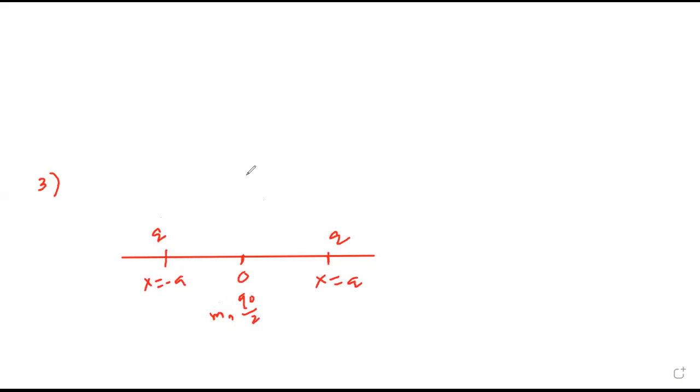Q naught is given a small displacement, such that y is very much less than a, along y. The net force acting on the particle is proportional to what? Again, see, because it is proportional, it can become easier.